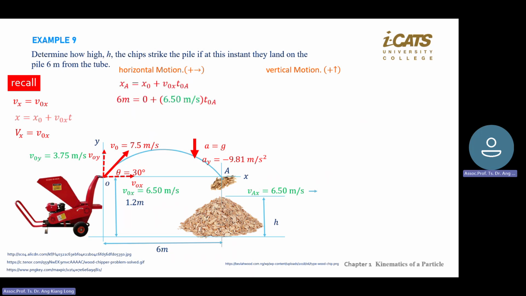Okay, so from the second equation, I substitute XA equal to 6. XO you know is 0, because the origin you start from 0. VOX you know from the trigonometry calculation, VO cos 30, you already found 6.5, and TOA, you know the time.